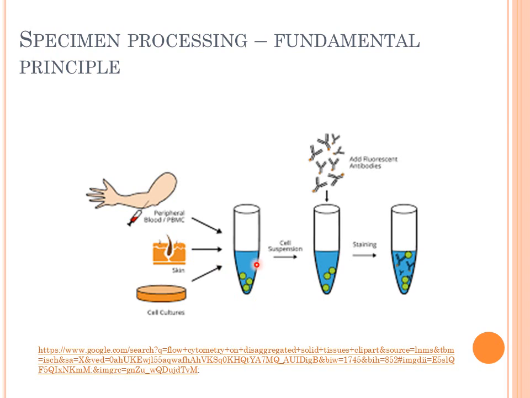If there were excess red cells, we would have centrifuged the specimen to get rid of those. And then that cell suspension is treated with fluorescently tagged antibodies. Time is given for those antibodies to combine with the antigen. And then ultimately, we're going to use fluorescence detectors to measure the amount of fluorescence of the various wavelengths that are in the specimen.